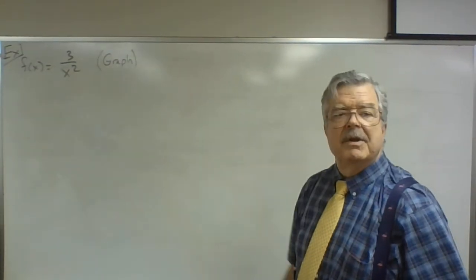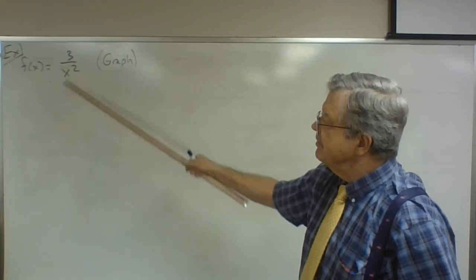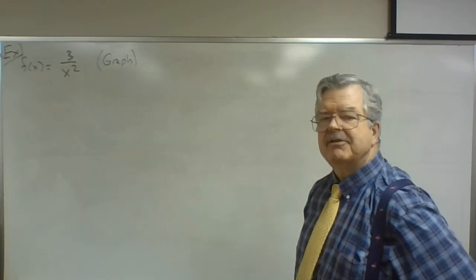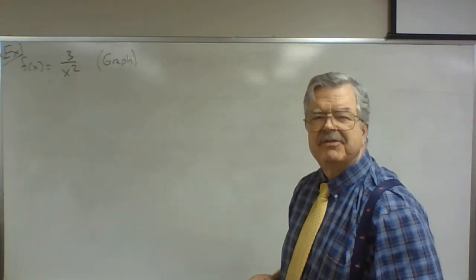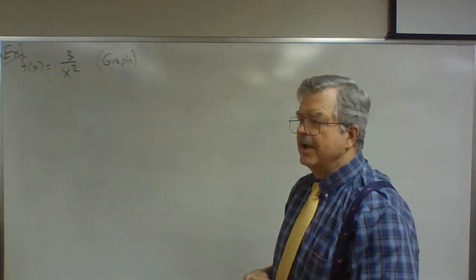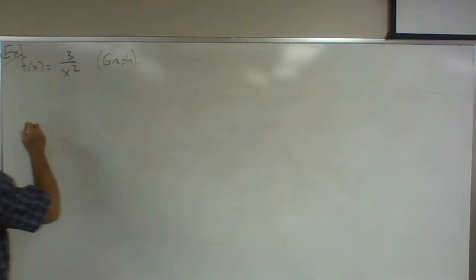This looks like a good one to start off with. Graph f of x equals 3 over x squared. The basic graph that I'm going to start out with is just 1 over x squared. I'm going to graph that.